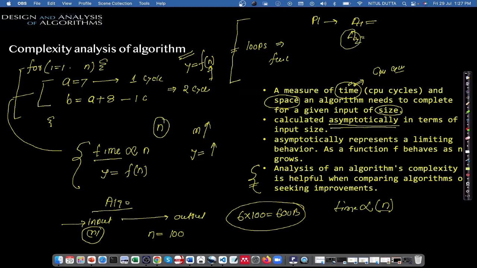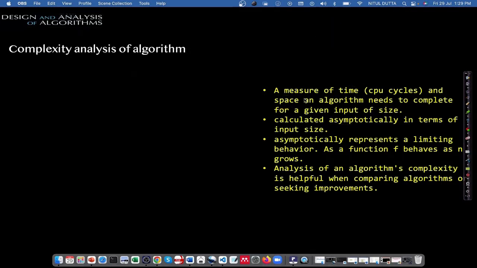If I write down the algorithm for method A1 and method A2 and analyze the time and space complexity of both, it will help us decide which algorithm to use to solve that problem. That is the main perspective of complexity analysis of algorithms. It helps the programmer decide the best algorithm to solve a problem.